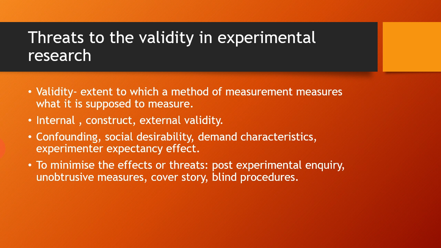For example, if in an experiment on memory and age, all the older participants are female and all the younger are male, then sex and age are confounded and the memory data cannot be properly interpreted. So sex and age are the confounding variables. Then another threat is social desirability.